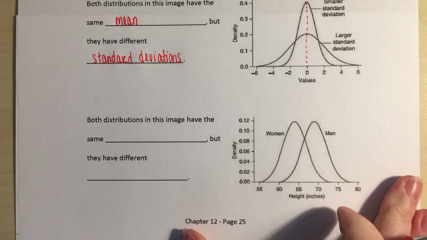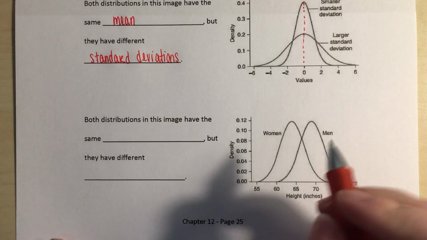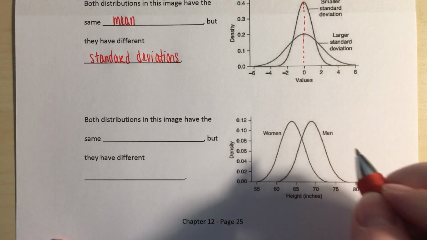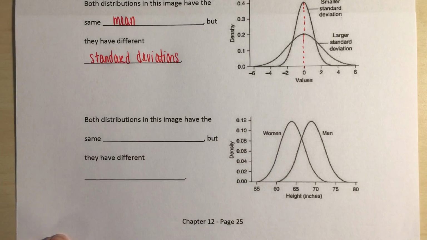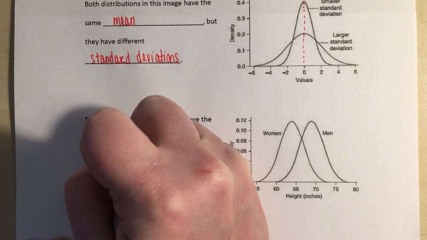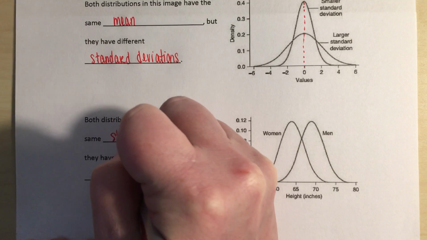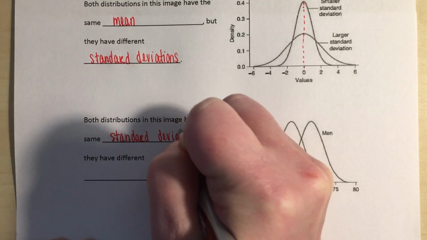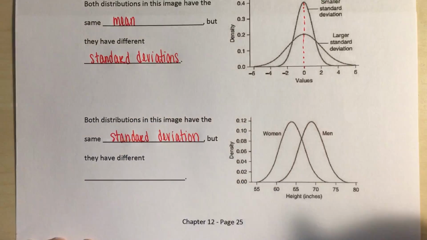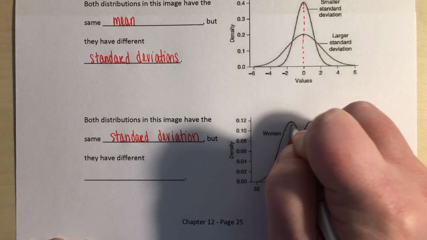Now, if we compare that to this image down here, these are the same height, right? So both distributions in this image have the same standard deviation, because they are the same height and spread, but they're shifted to the left and to the right.